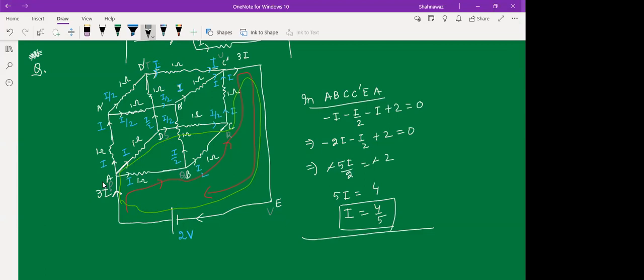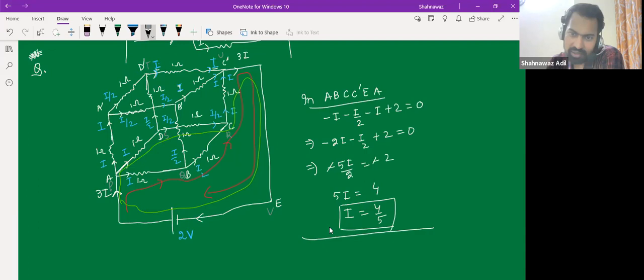Yes, sir. Okay, so the extension of this question would be: what is the equivalent resistance? So we have this circuit. We know that I is 4 by 5, right?